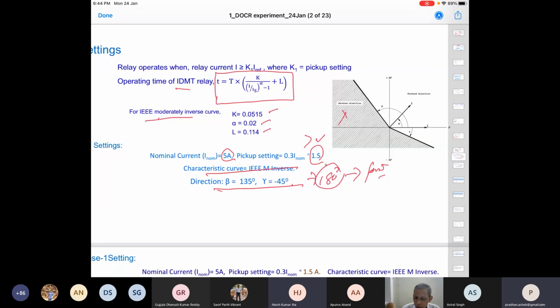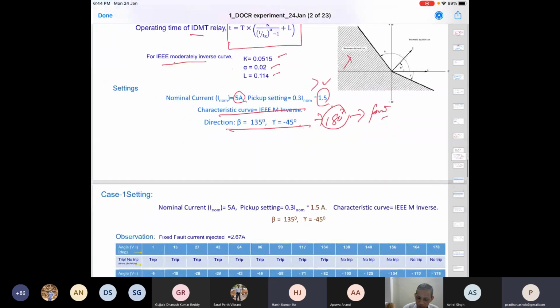In the 0 to 360 degree range, on this side it should not operate. As I mentioned, in the case of a reverse fault, the angle between voltage and current will be different. So we take phi to be varying between plus minus 180 degrees in the numerical calculation.